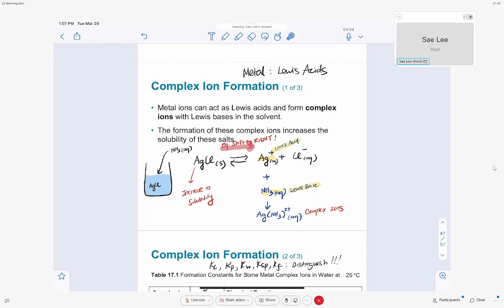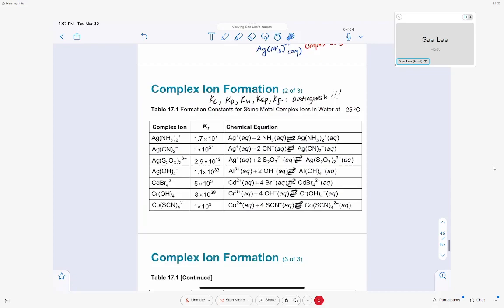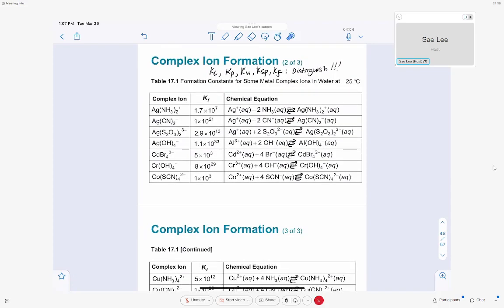The resulting ions from this reaction between the metal ion as a Lewis acid and the Lewis base are called complex ions. And here is the list of complex ions.